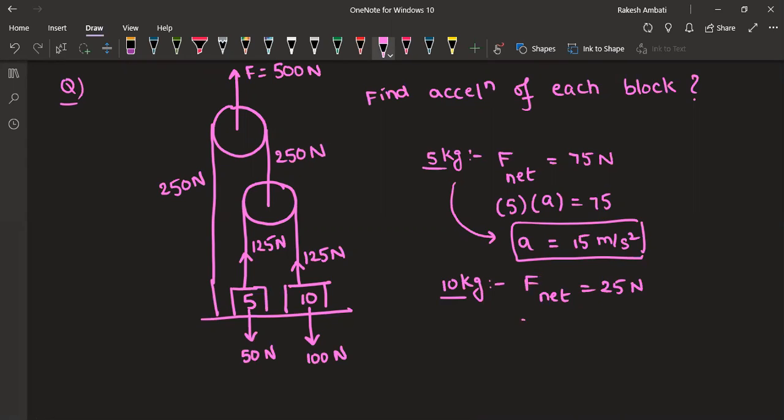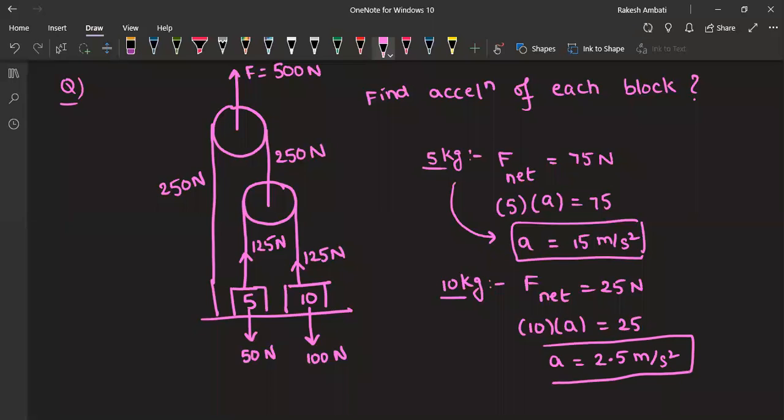Resultant force means mass into acceleration. Mass is 10 kg into acceleration a equals 25 Newton. Therefore, acceleration equals 2.5 meter per second square. It is the acceleration of the 10 kg block.